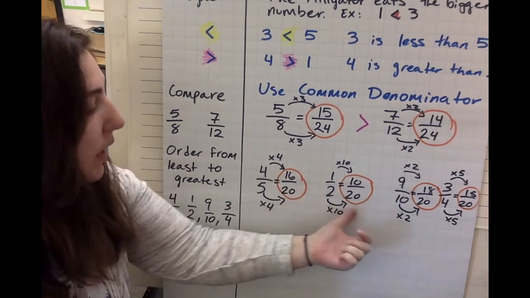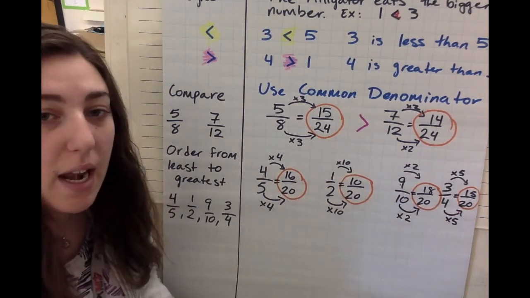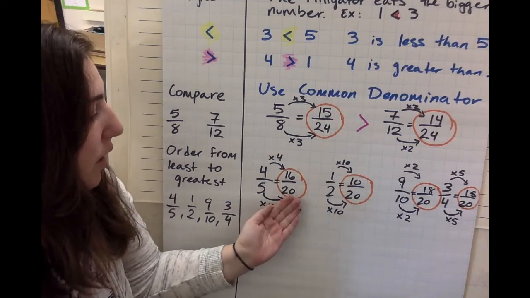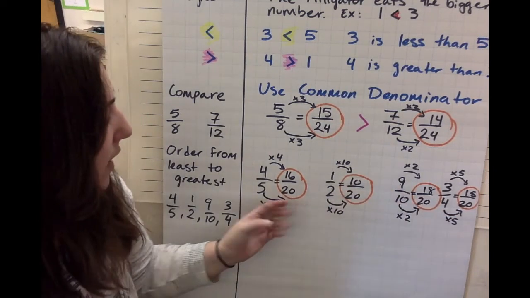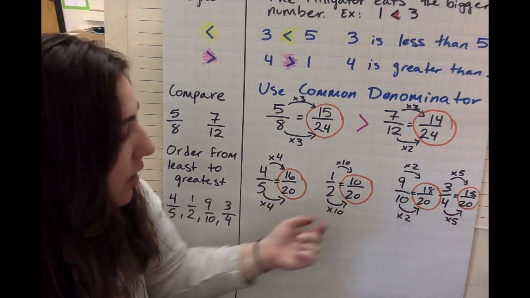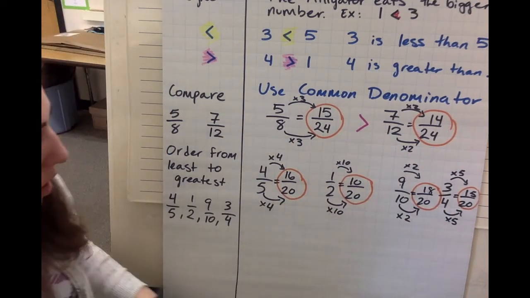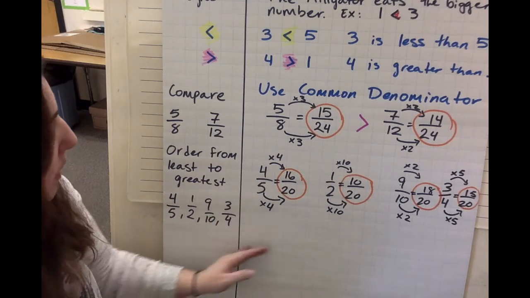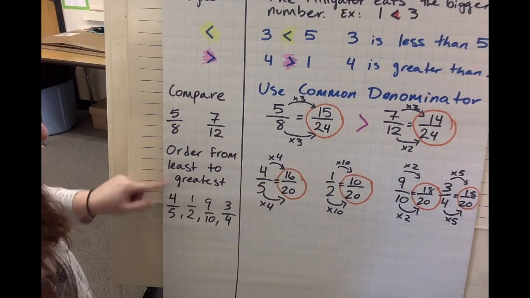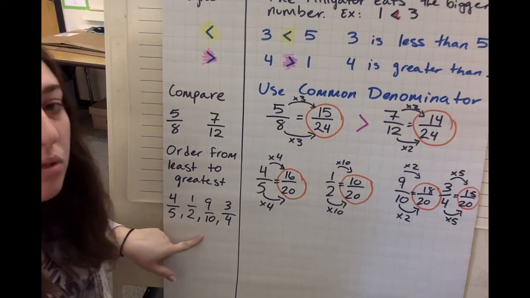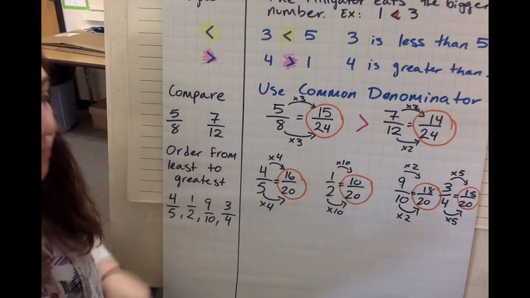I'm going to look at all of these numbers that I just made into equivalent fractions of their original fractions, and use these to help me compare and order them. But when I rewrite this from least to greatest, I'm going to use their original fraction form.